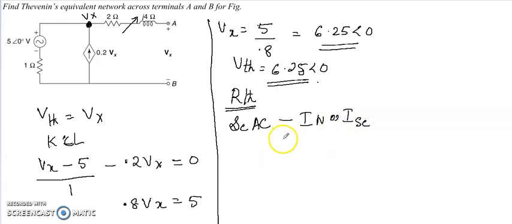Then with that short circuit current we will find Rth is equal to Vth by ISC. This is the procedure if there is a dependent source. So now we will move on to find the ISC.